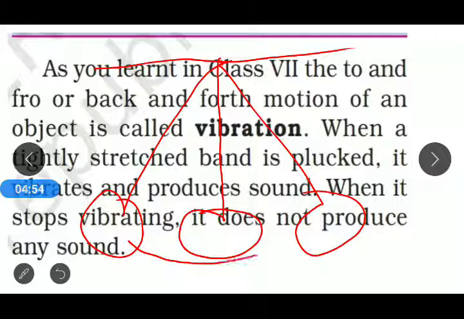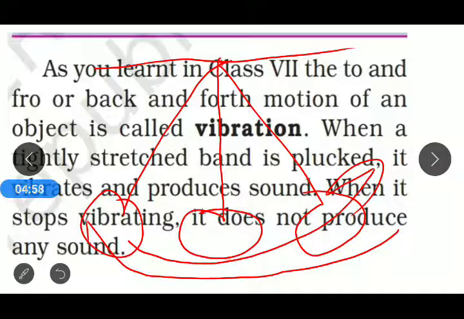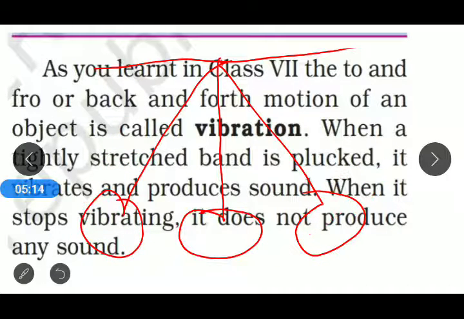Now consider the movement of the simple pendulum. Suppose this is point A, and if we release it, the simple pendulum does a motion known as to and fro motion.